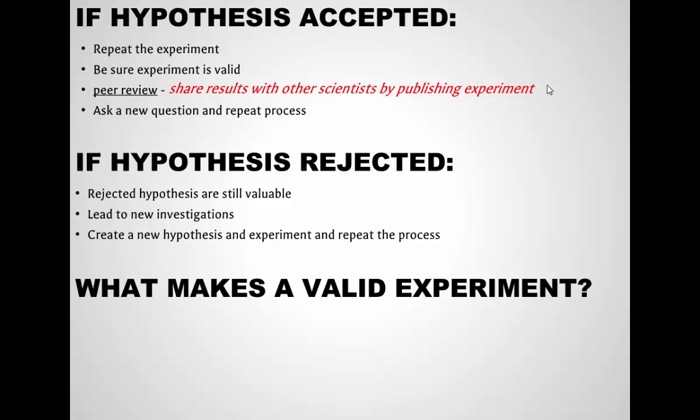And that's how scientists share. And they can look at the experiment and say, oh, okay. Or maybe I don't think that was a good experiment. I think there's this problem. And so they review each other's work to sort of double check it and to share it with each other.